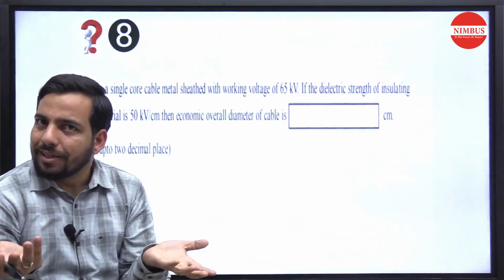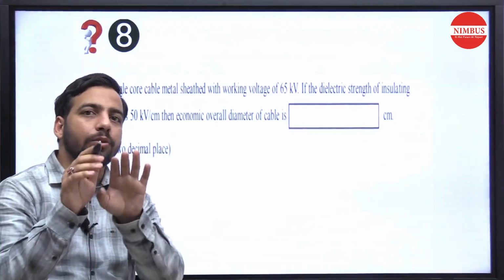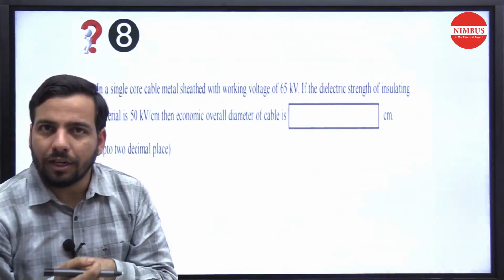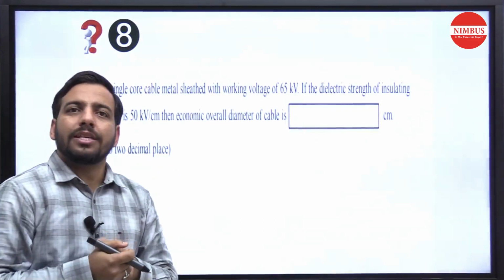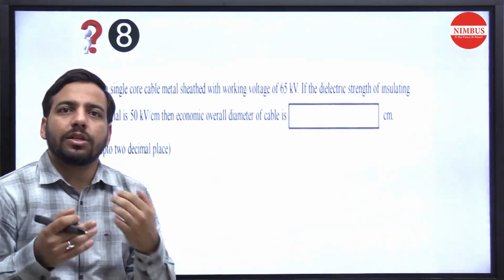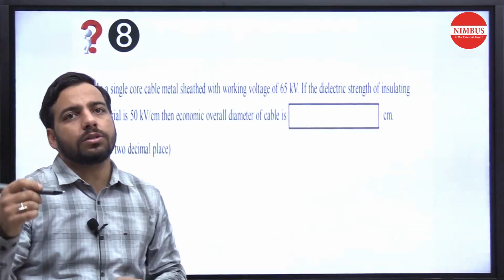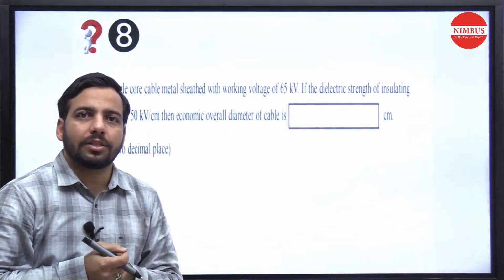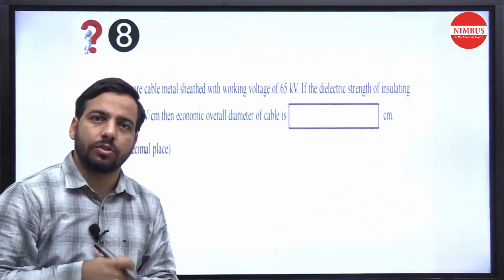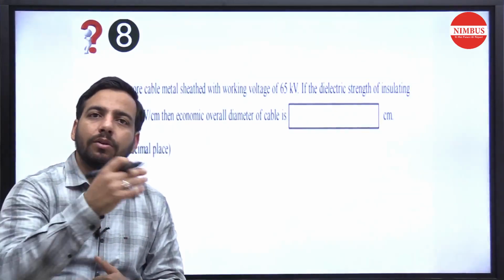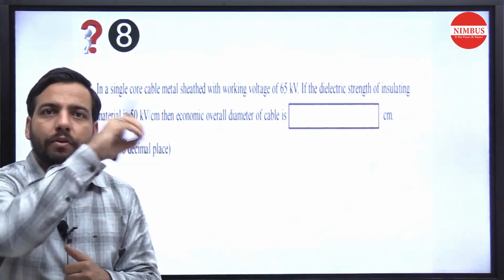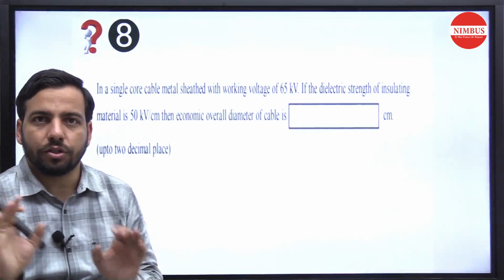P loss is generally 0 for a lossless line; for a lossy line you can refer to the Nagrath Kothari example. With a lossy line the calculation is too complicated, so it is never asked in the GATE question. Simply, the lossless line is always asked for the PS and QS questions. So you need to calculate only Q loss, the power factor of station 1, and the power factor of station 2.